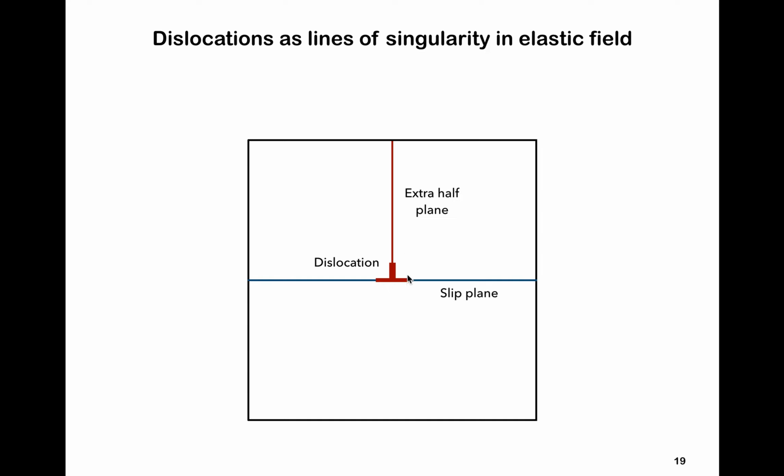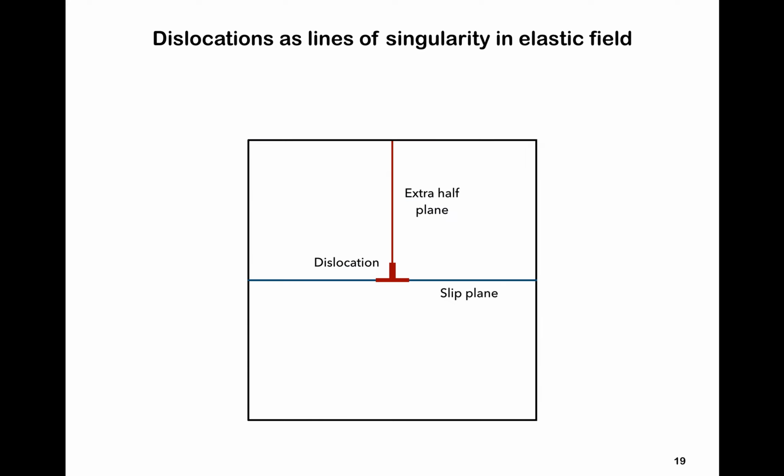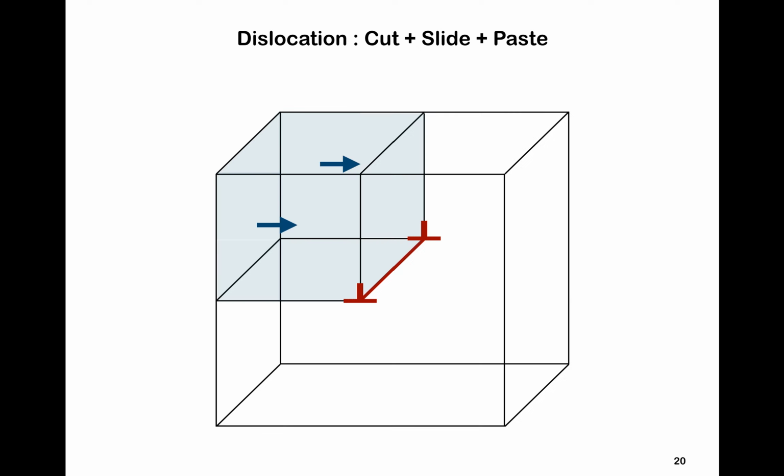This is not the dislocation line. The line passing through this point into the plane of the paper, that is the dislocation. What is marked as a red line here is the extra half plane of atoms that is introduced into the material. To visualize that better, I've shown here a 3-dimensional version of the same thing. I've taken the previous picture and given it a 3-dimensional view.